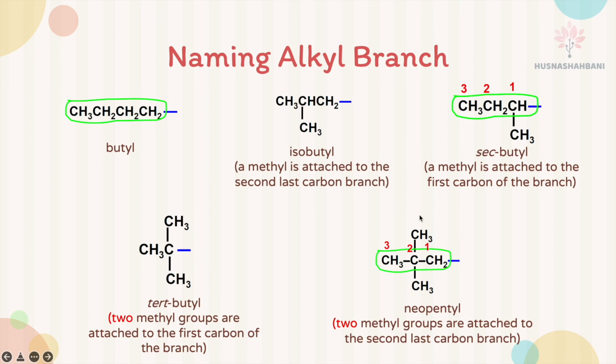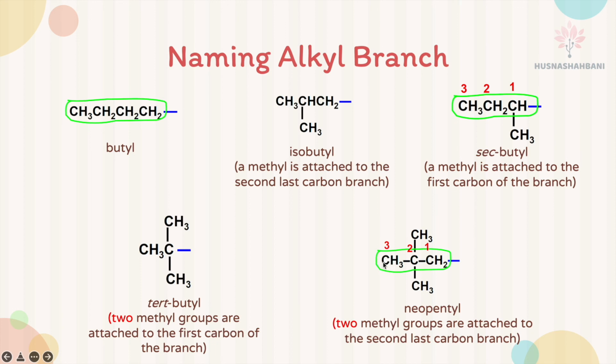Next, total number of carbon branch 5 carbon, so pentyl. This bond attached to the parent chain. And then, if that compound has 2 methyl groups attached to the second last carbon branch. This is the first carbon because it is attached to the parent, first, second, and third.